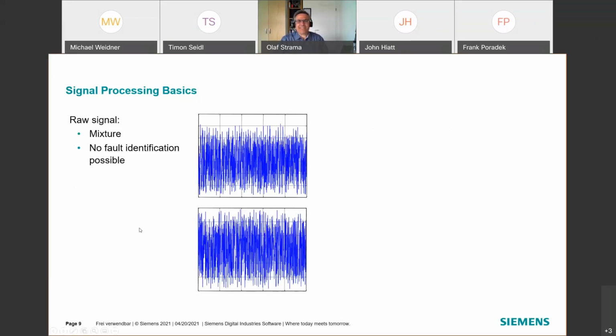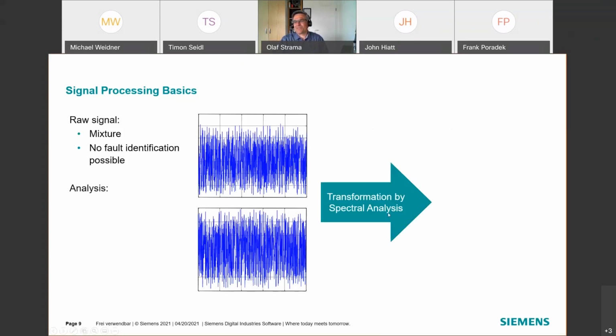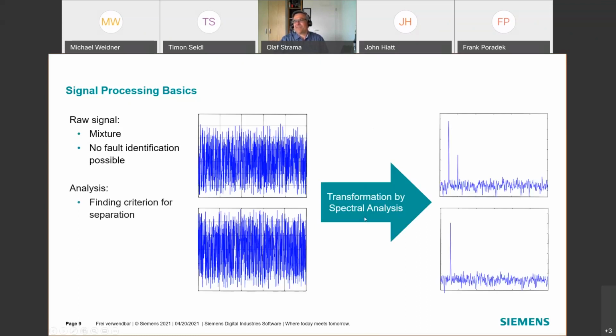But doing the right analysis function, in our case a simple spectral analysis, we are able to separate the components of these signals. In our case, we have noise, that is something that you can see here on the floor. Here also, and then we have two peaks in the spectrum.